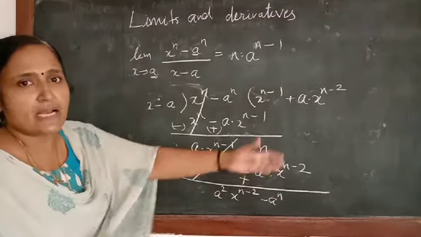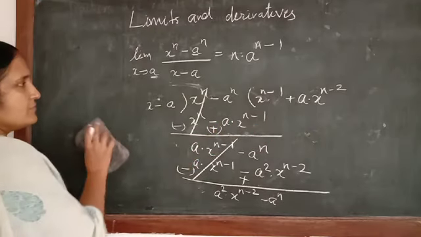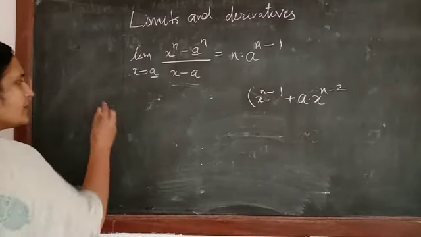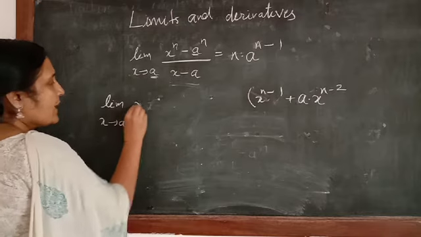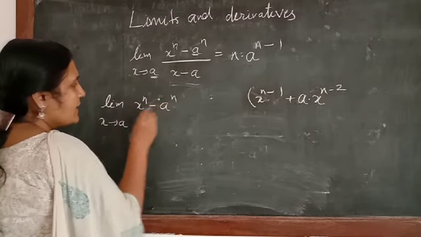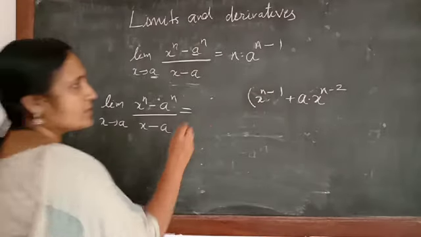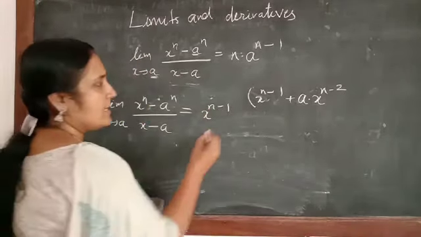In this way we will continue the division till where? Till the nth term. So now write down that we are getting it in this way. Limit x tends to a, x raised to n minus a raised to n by x minus a is equal to the quotient, which we get in this way. The first one is x raised to n minus 1.